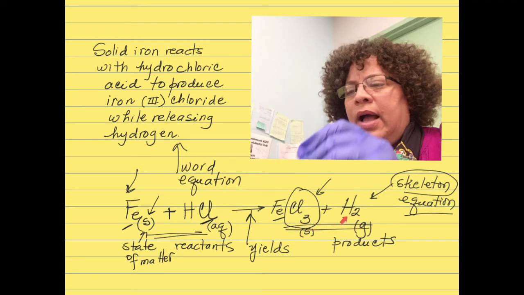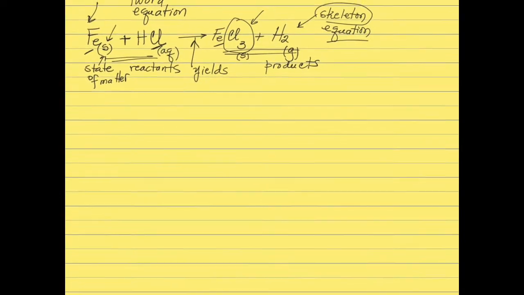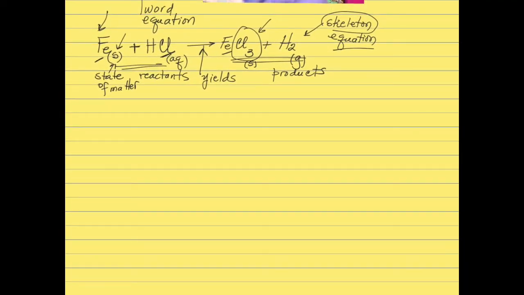What are you putting over there? Instead of putting H, which is the symbol representing hydrogen, you are putting H with a subscript of 2. The answer is simple. Diatomic molecules, do you remember that? What are the molecules that are diatomic?